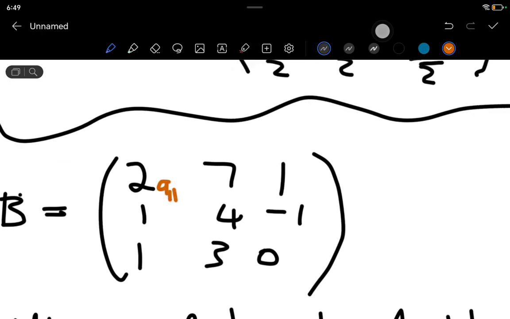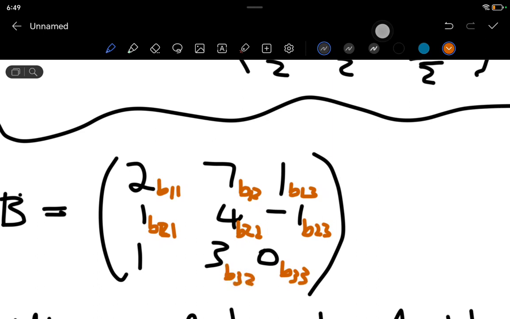It's not A11, it's B11, since this is a matrix B. B11, B12, B13, and B21, B22, B23, B33, B32, B31.